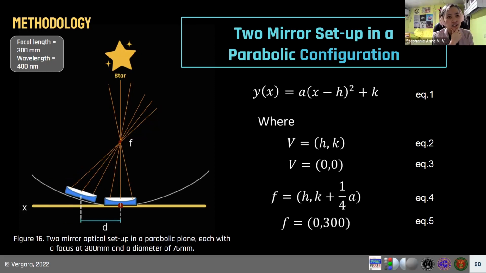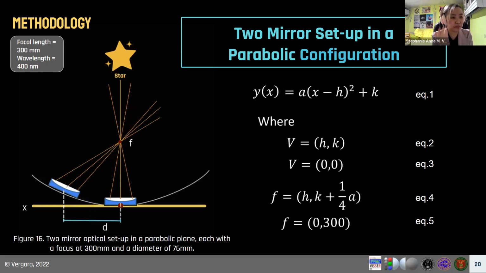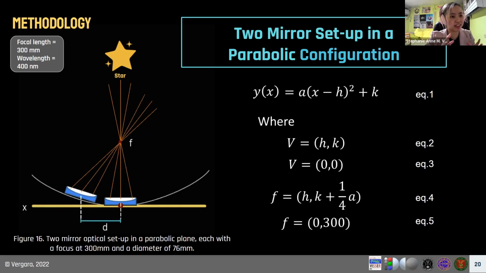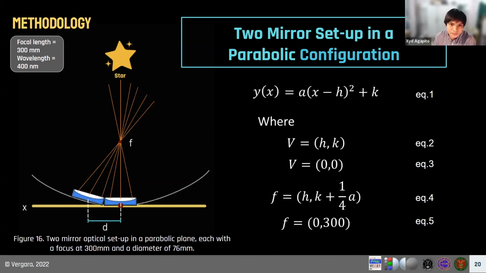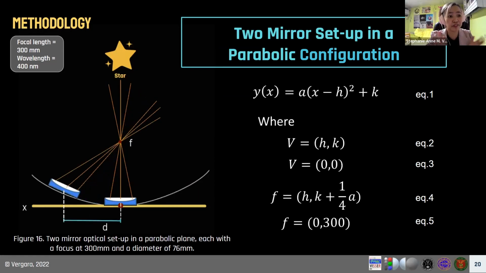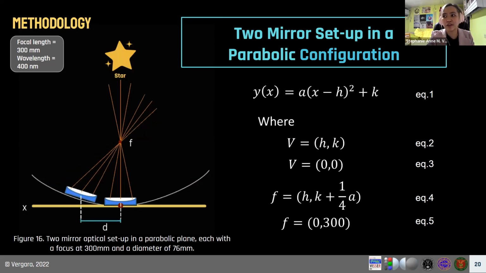I actually don't know if merong limit to that. I think part siya nung recommendation of varying the diameters of the mirrors used. So I can't say exactly, pero I think as long as they are properly aligned, it would still work.